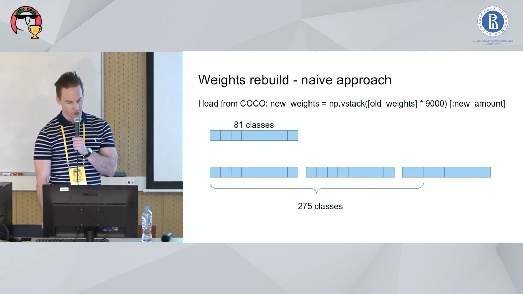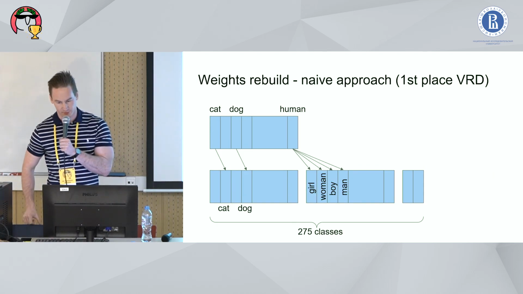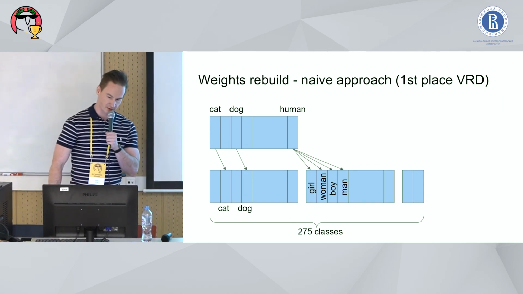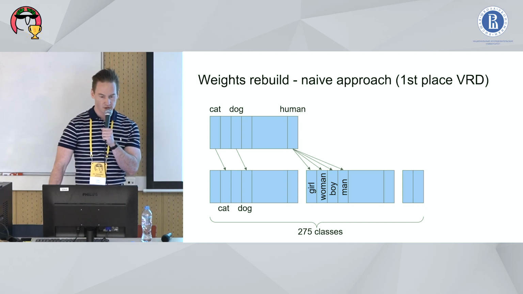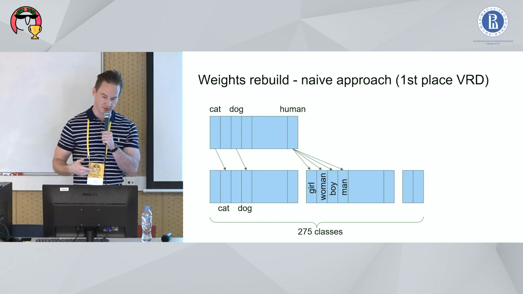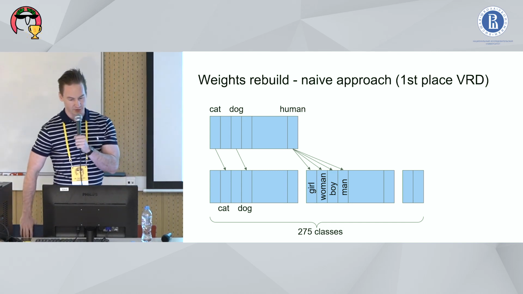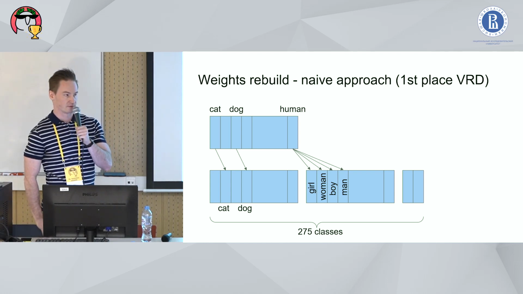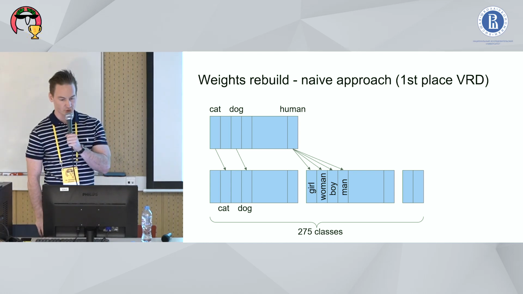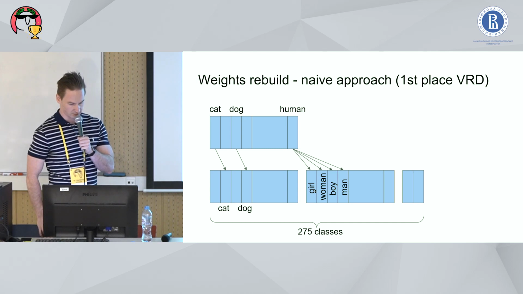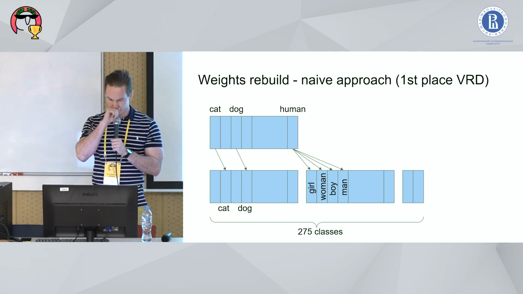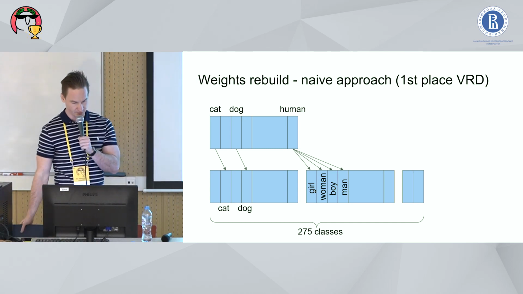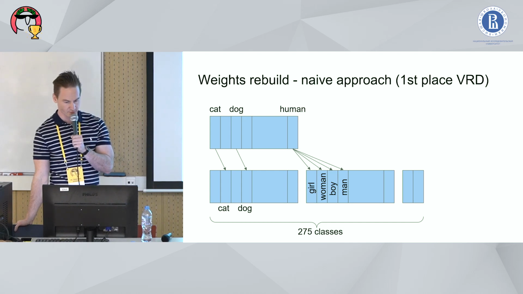But it's a very naive approach, and the first place from the visual relation track used a more advanced technique. You have some classes that correspond directly. For example, cat in the COCO dataset looks like cat in Open Images, obviously. But you also have some indirect classes, like human in COCO, and you have a more precise splitting of these classes in Open Images.